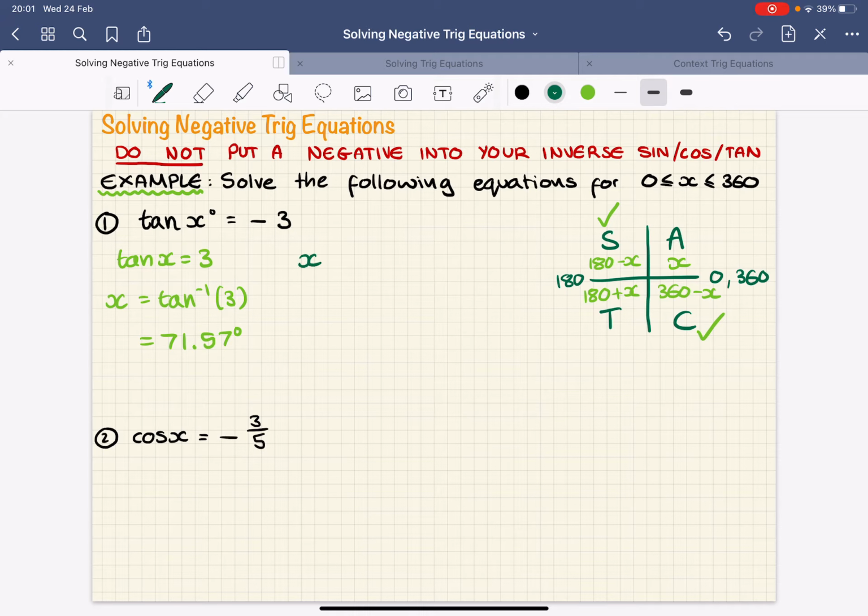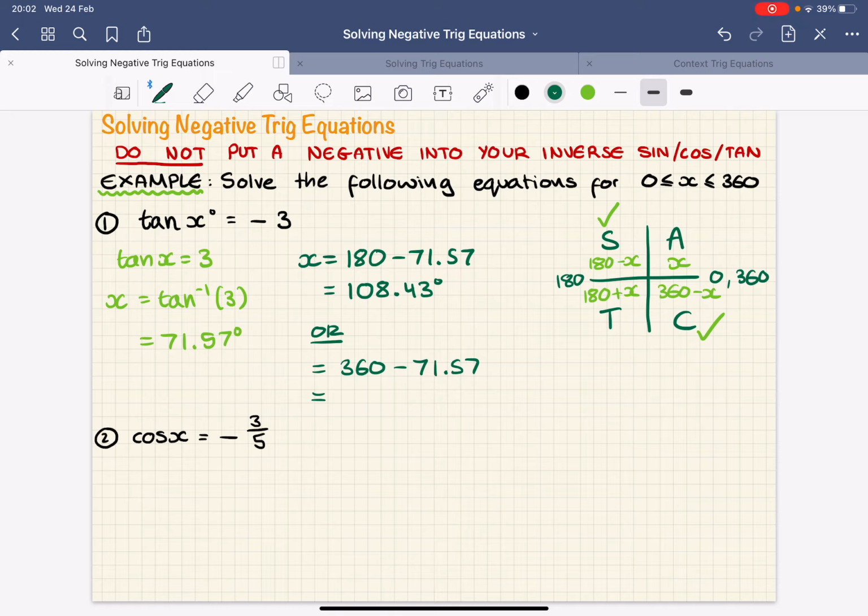So one of my values for my true angle is going to be 180 take away 71.57. So again, I'm using this one here right now. And so that would just come out as 108.43 degrees. Or my other answer potential would be the 360 take away 71.57.